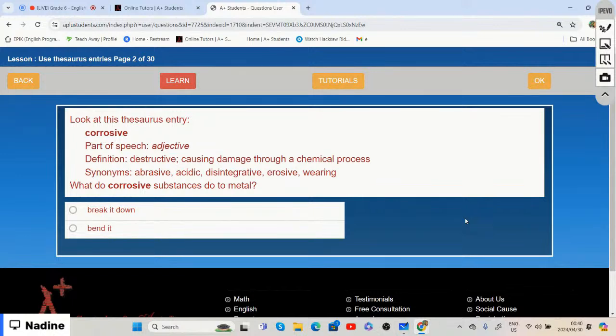All right, so when it comes to corrosive, and what substances do to metal, remember we said it is destructive, causing damage through a chemical process.